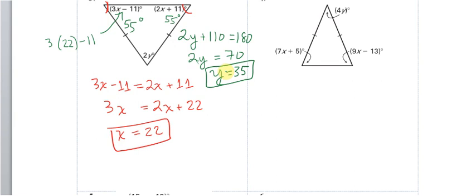And so there you have it, a case where we're solving for the missing angles, the missing variables of an isosceles triangle.